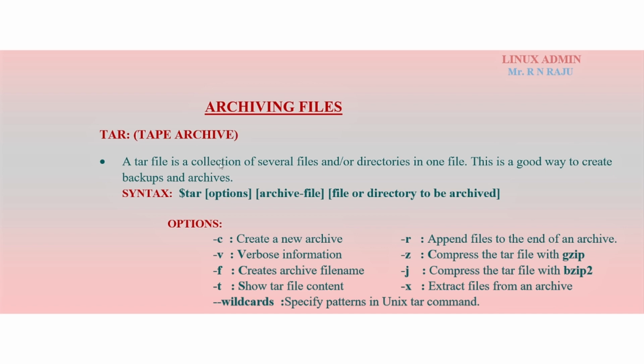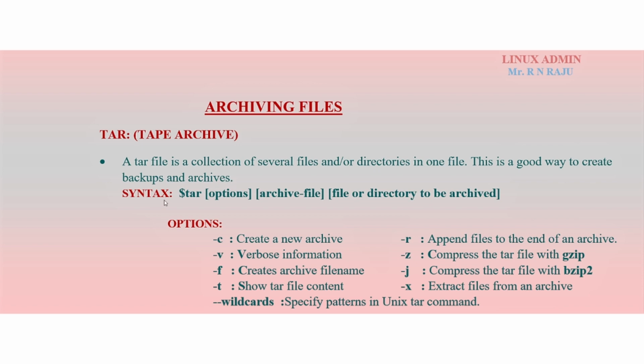A tar file is a collection of several files or directories in one file. So you want to combine multiple files and directories into a single file, then you can use tar. This is a good way to create backups and archives in the environment.